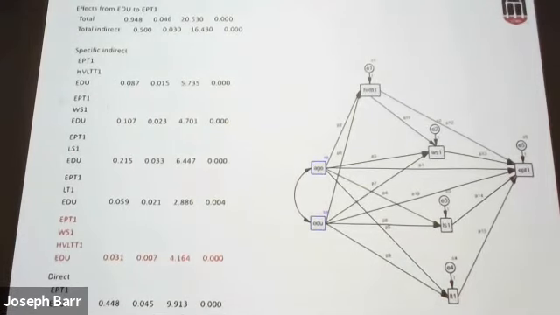For example, from EDU to HVLTT to EPT, this path. And also we have specific from EDU to WS to EPT. And we have this path, and this path. And from EDU to HVLTT to WS to EPT. We add all 5 possible components, and we have 0.5. 0.5 is our total indirect.